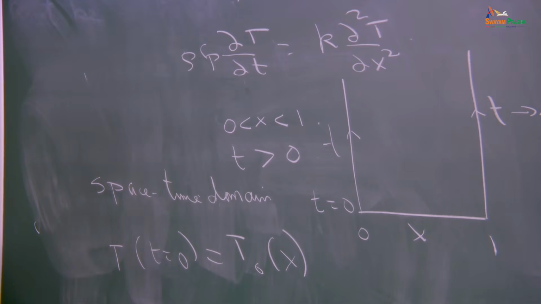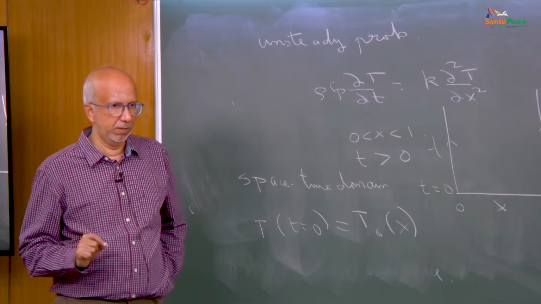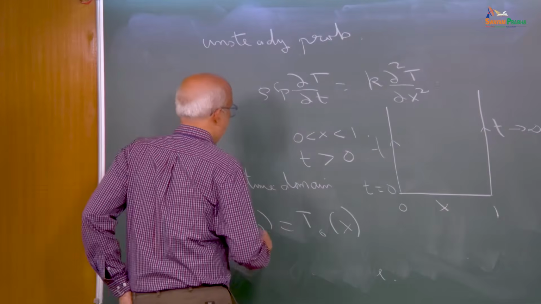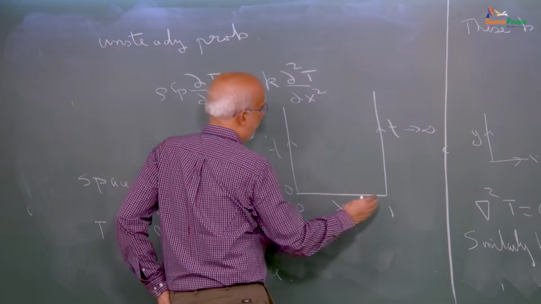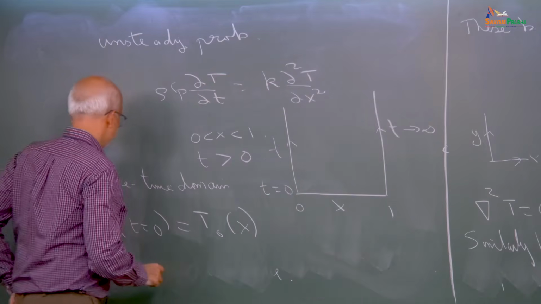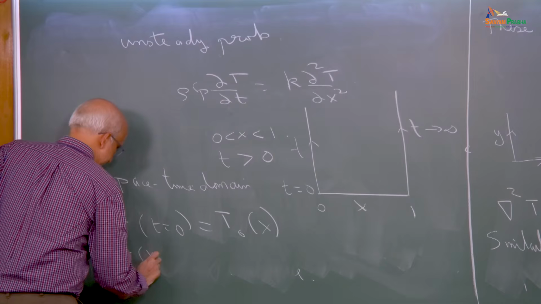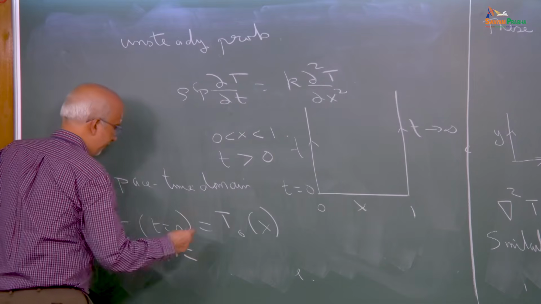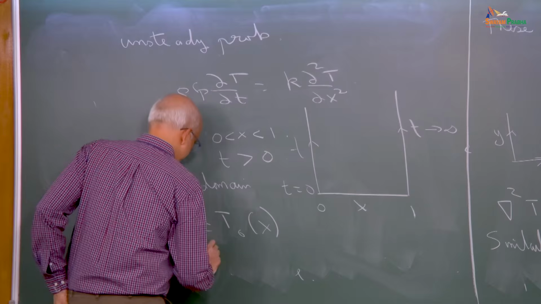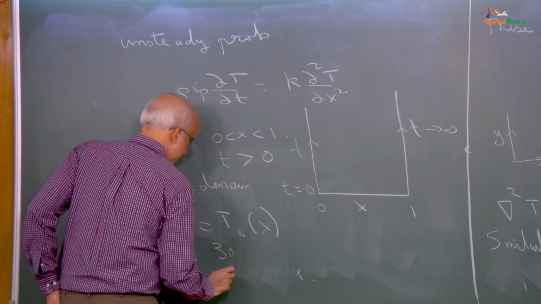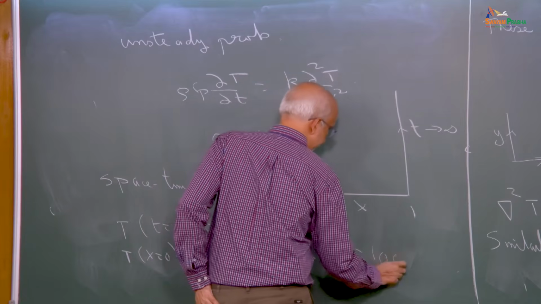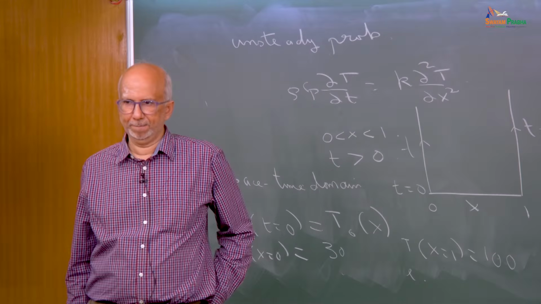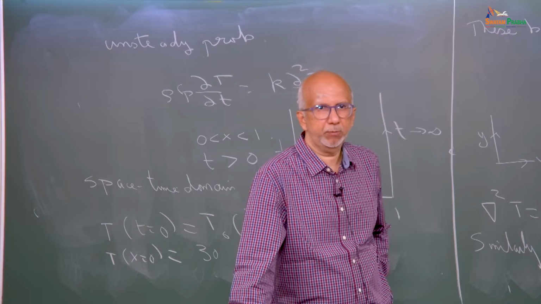Initially I can have some temperature in the slab which is varying in the x direction, and then I need boundary conditions at x equal to 0 and x equal to 1. Temperature at x equal to 0 is, let us say, 30 degrees and temperature at x equal to 1 is 100, okay.